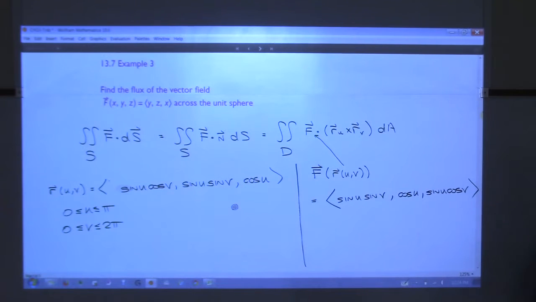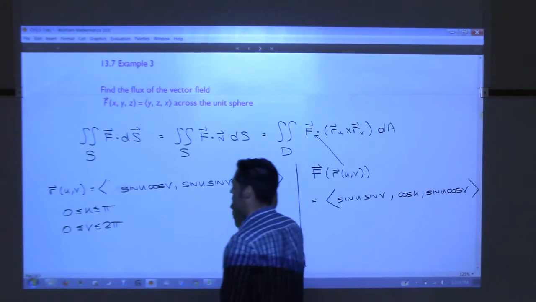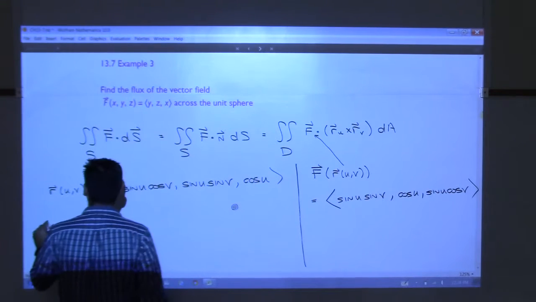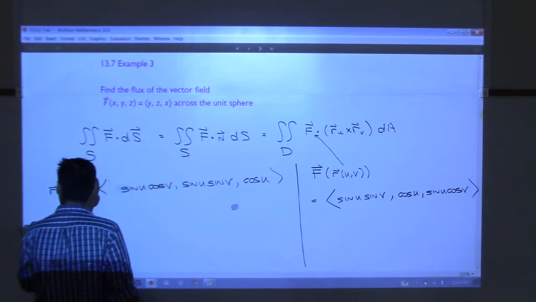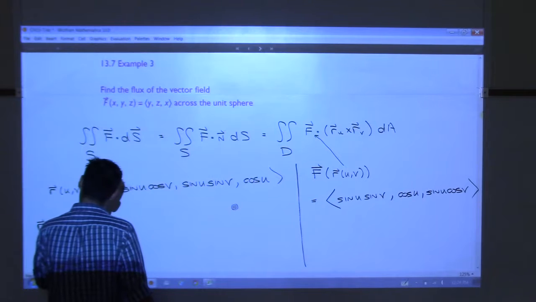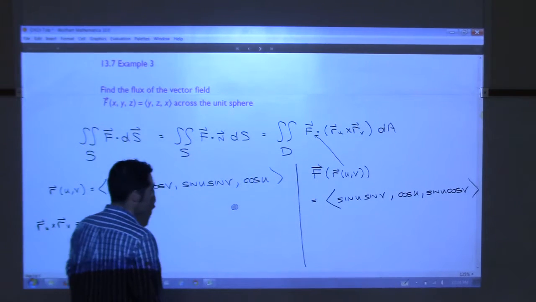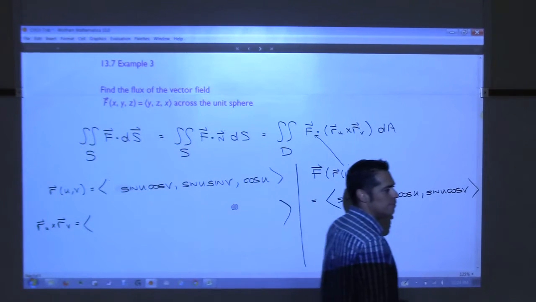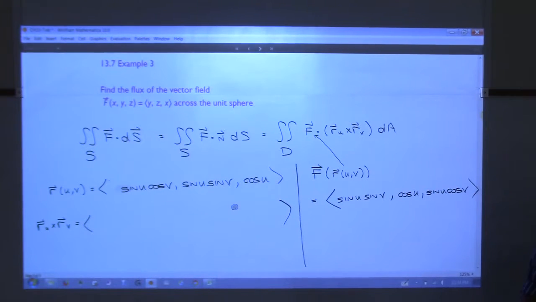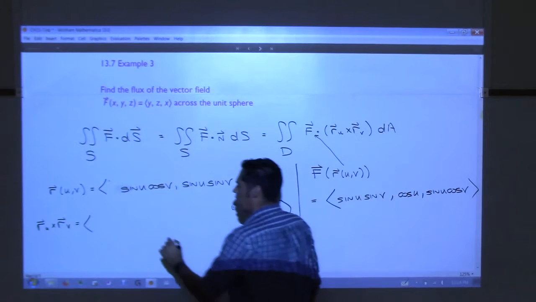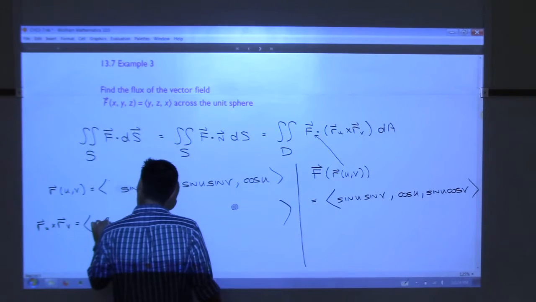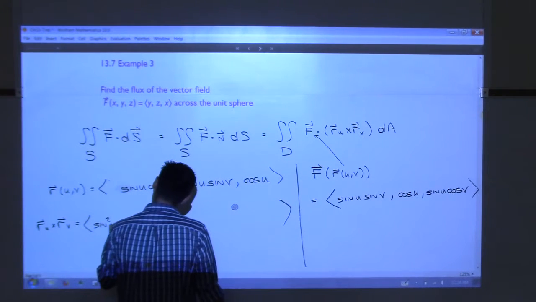I need the cross product. Now, that is on some other page. The cross product of the partials. So who has that readily available for me? Not the magnitude, though. Sorry. It's ugly. I remember that. Sine squared u cosine v.